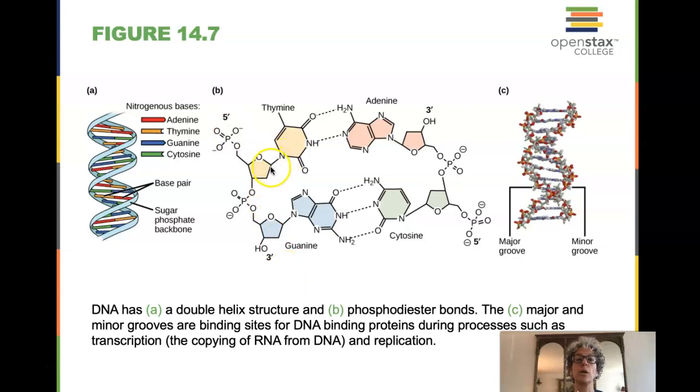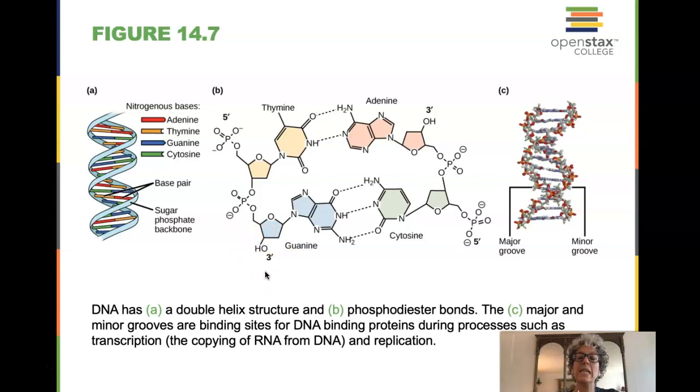So this is carbon 1, 2, 3, 4. This is carbon 5. The 5' end, where we have no more additional nucleotides, always has a phosphate functional group. And the 3' end always has a hydroxyl functional group.